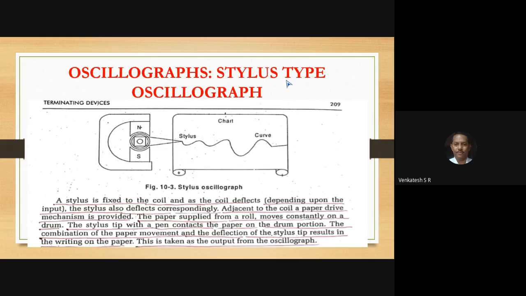Continue the question. List the applications. Once again, I repeat. What is oscillograph? Put a question mark. Explain briefly with neat sketch stylus type of oscillograph. Put a question mark. Continue the question. List applications.